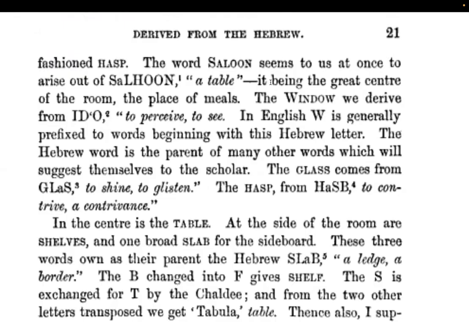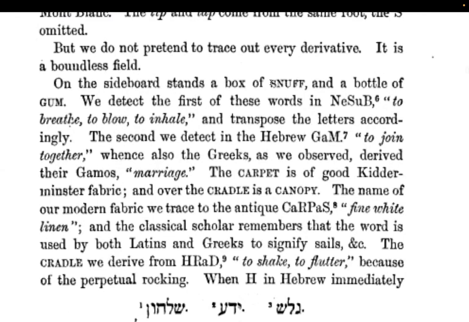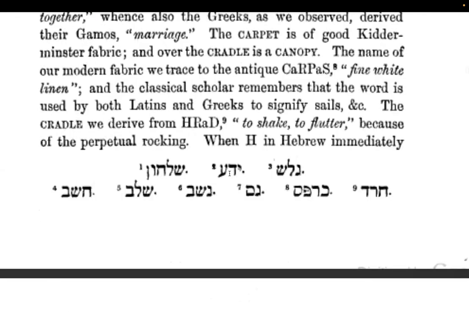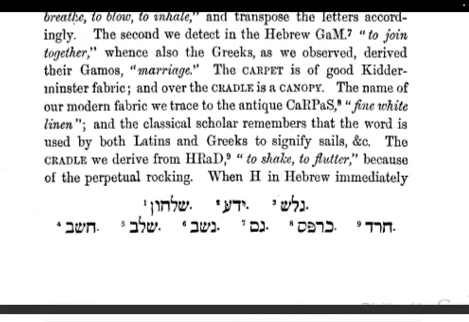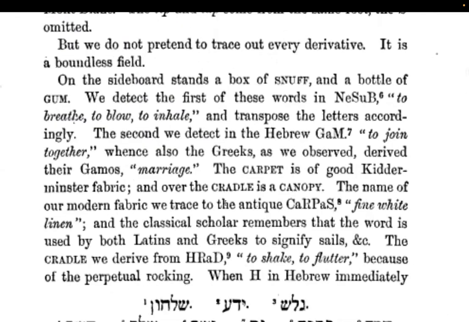The window we derive from ido, to perceive, to see. Yada, yada, right? And then you'd have the N added there, window, with the W after the ayin, as I'd mentioned before.